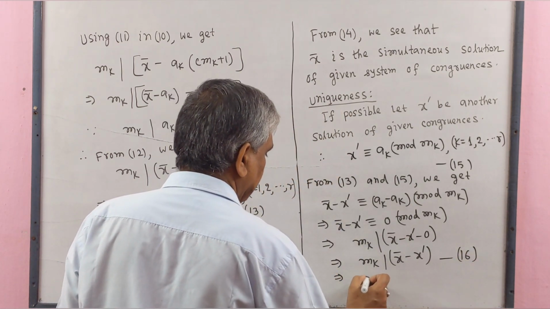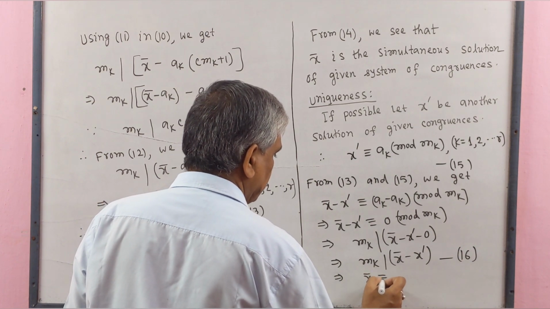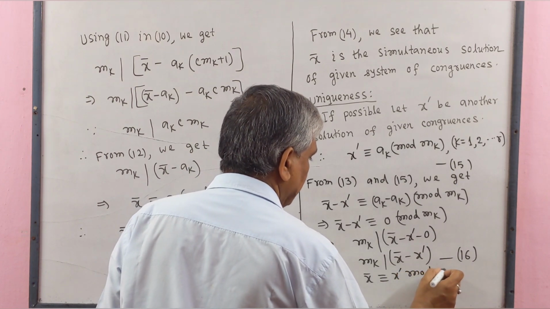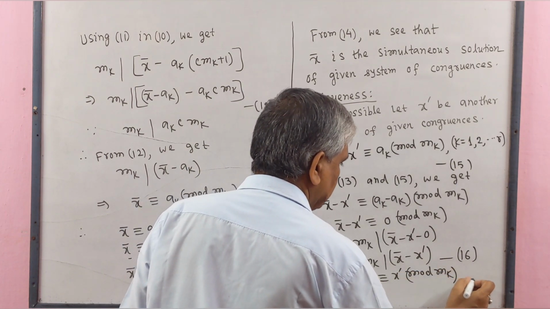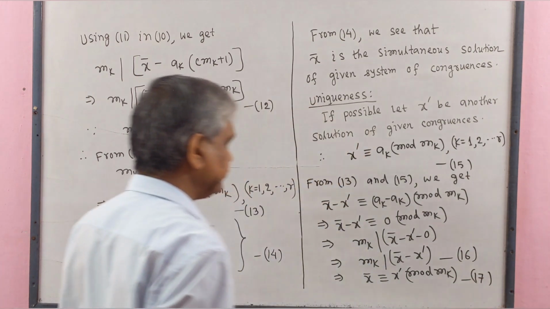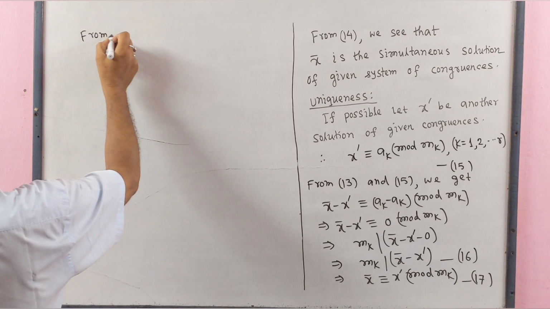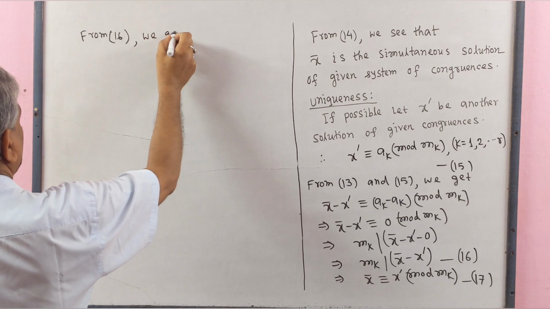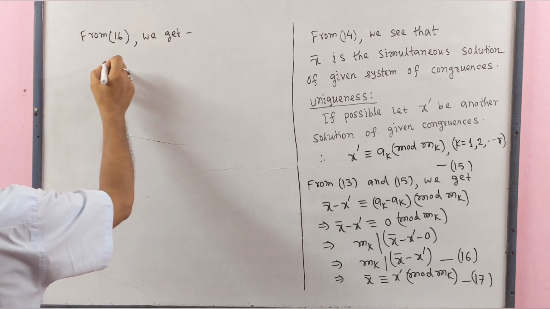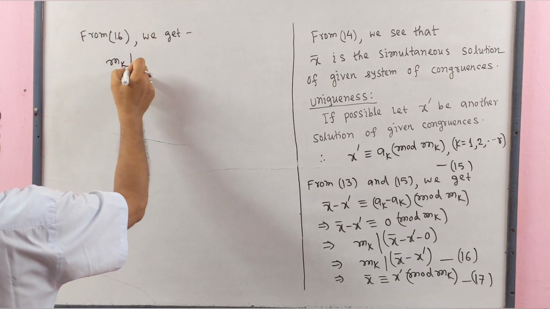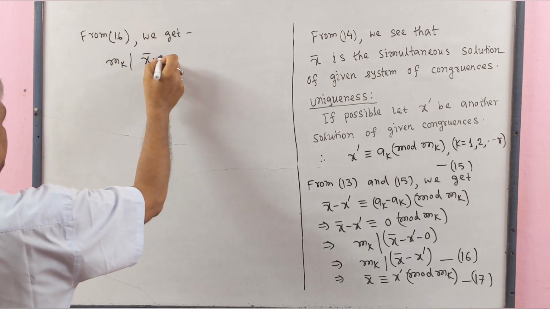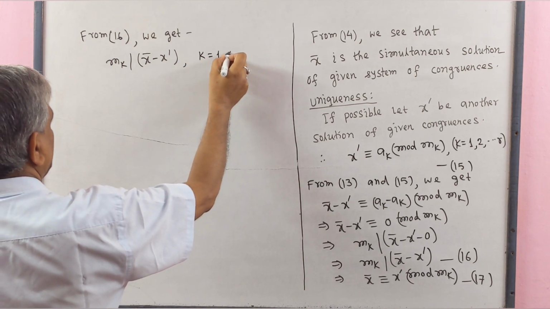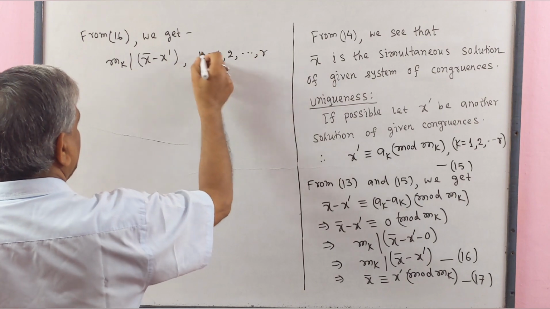Implies that x bar is congruent to x prime modulo small m_k. Let this be number 17. From 16 we get m_k divides x bar minus x prime, k equal to 1, 2, up to r.